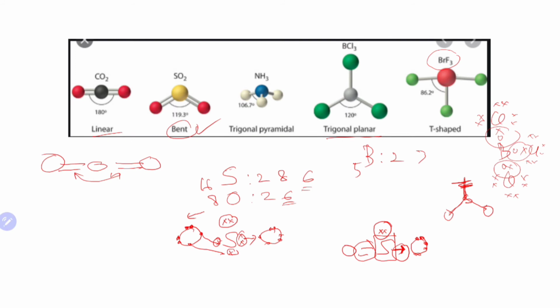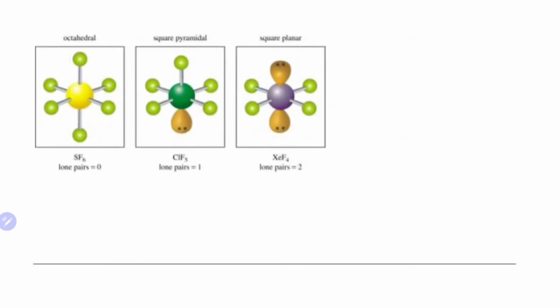They both are halogen atoms. So 7 valence electrons. You can try by yourself. You have a lot here. SF6 you can try. S group 6 valence electron. F group 7.